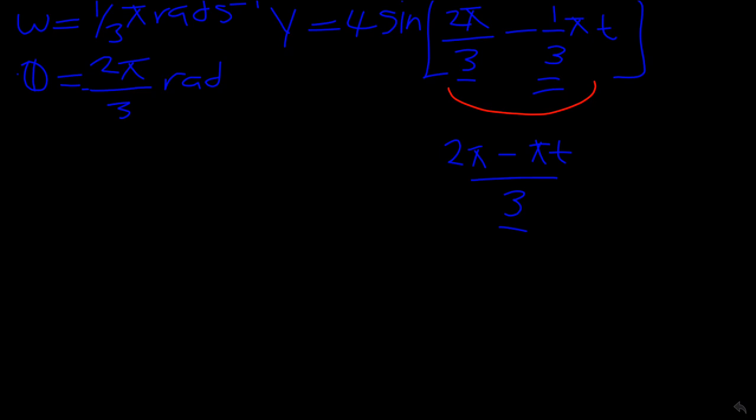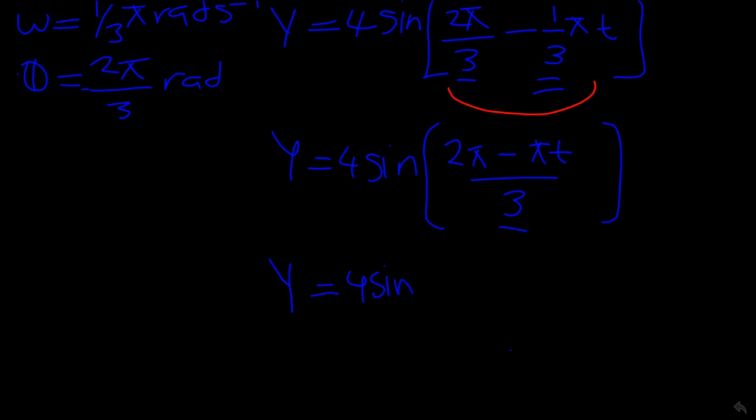So this becomes y equals 4 sine, open bracket, 2 pi minus pi t over 3. Now we could subtract 2 pi from pi, or we could just factorize. So I would rather factorize, and here's how to factorize. y equals 4 sine.